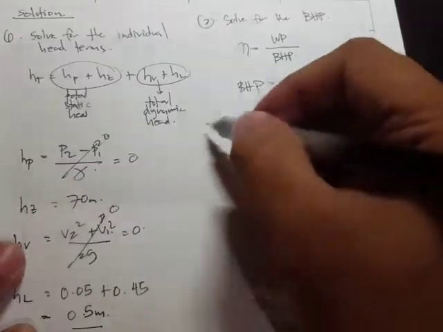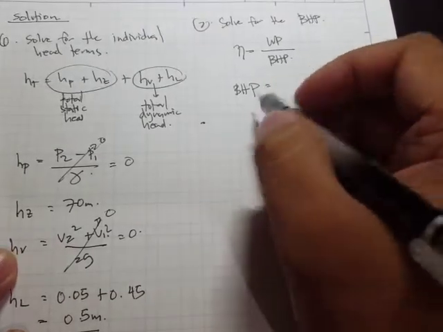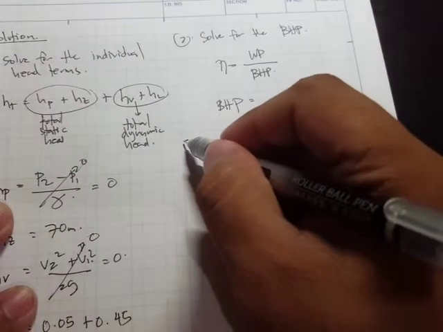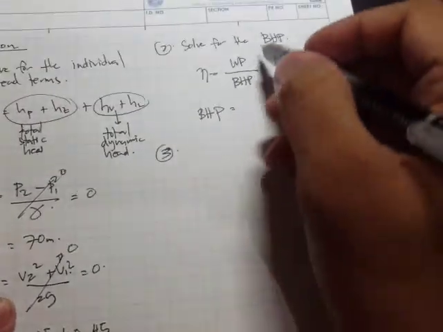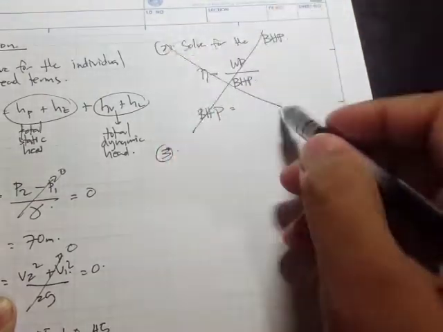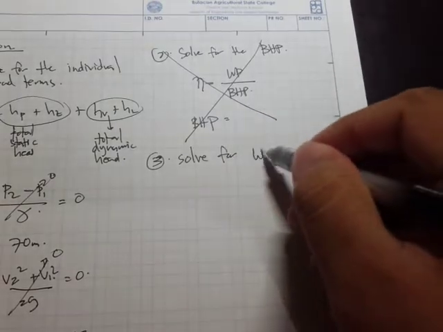Oh, I think we still have to solve for the water power. Anyway, we can just write it here. Or it's good to have a separate line for that. So solve for water power.